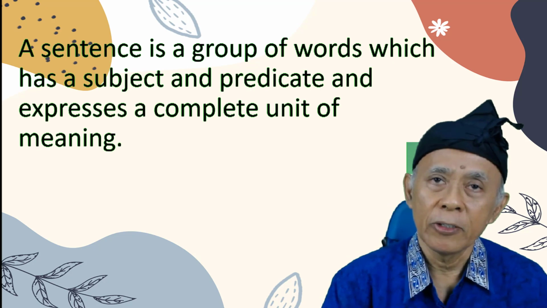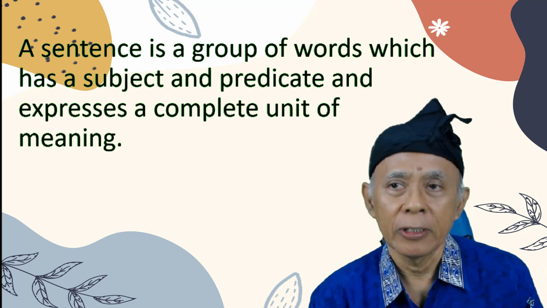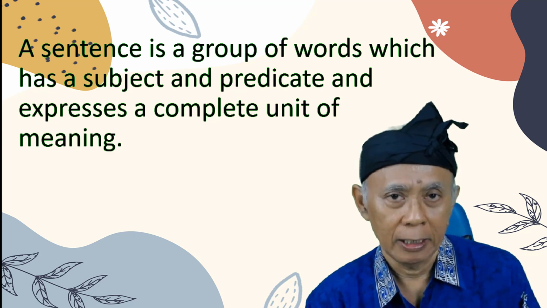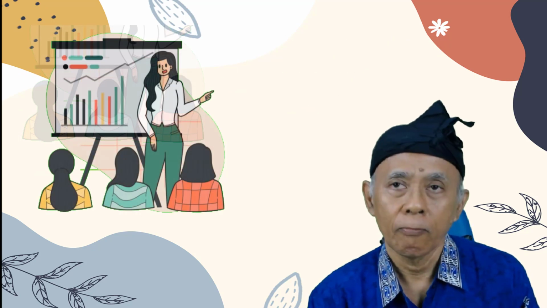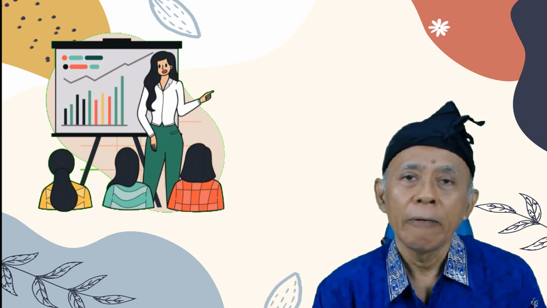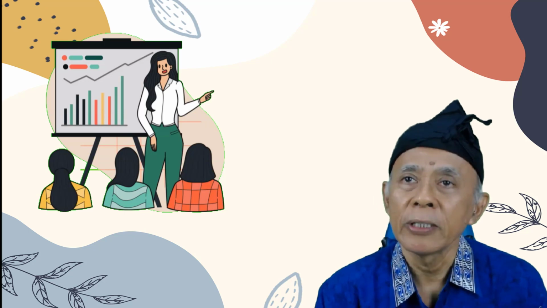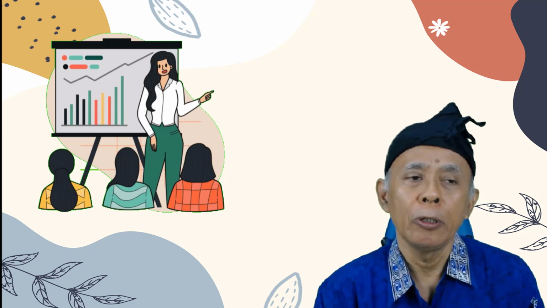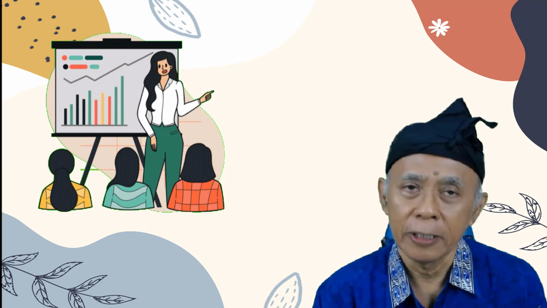A sentence is a group of words which has a subject and a predicate and expresses a complete unit of meaning. Now, let's see how this definition works. If we want to say something about this event, we need to know what the event is, of course, and also who is involved in this event.